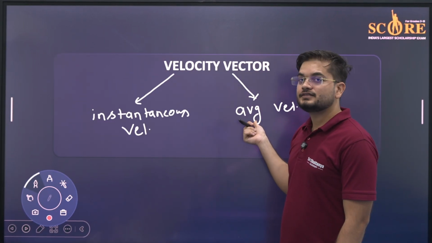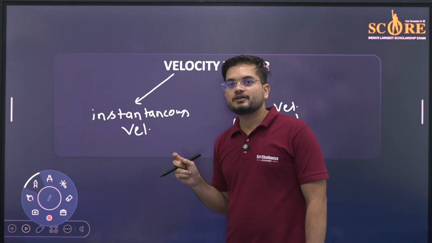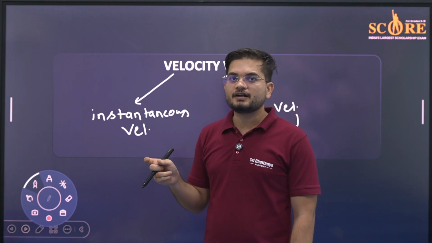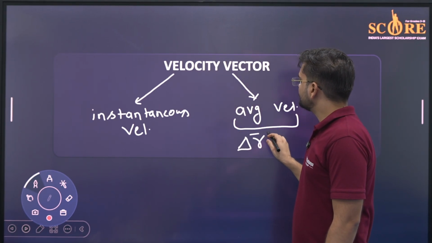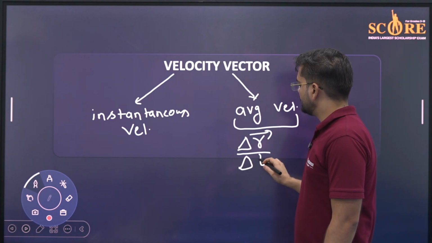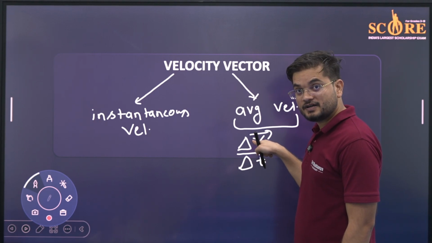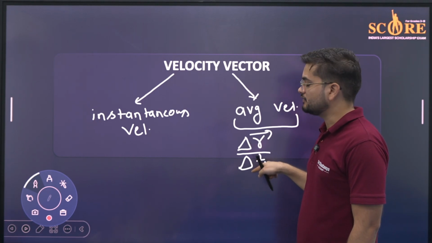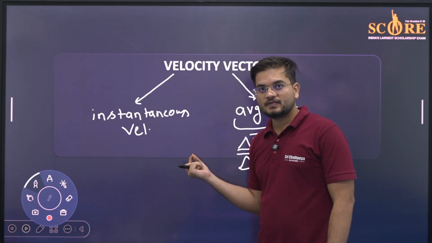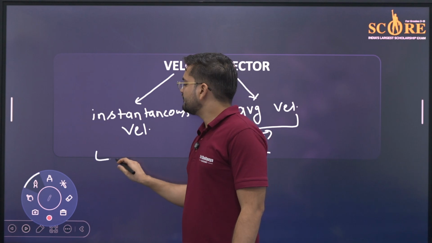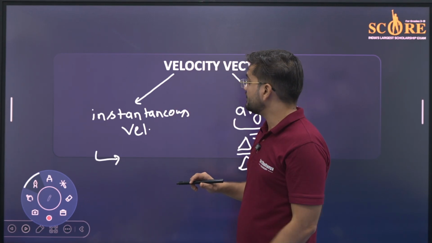Then next is average velocity. What is average velocity? Average velocity is displacement vector divided by time interval. Delta R divided by delta T: displacement, change in position, divided by time interval, will be known as average velocity. Clear?